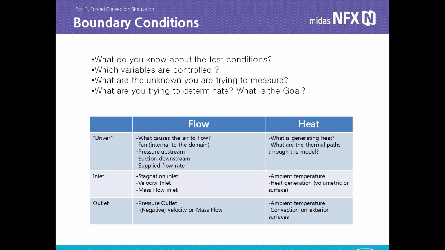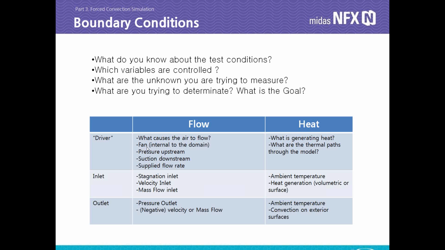Now you have three things to think about to determine all the boundary conditions for the flow and for the heat. The first one is the driver. What will cause the heat to flow? What will cause the flow to flow? So what causes the air to flow?